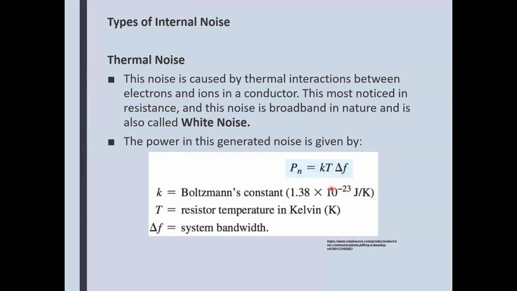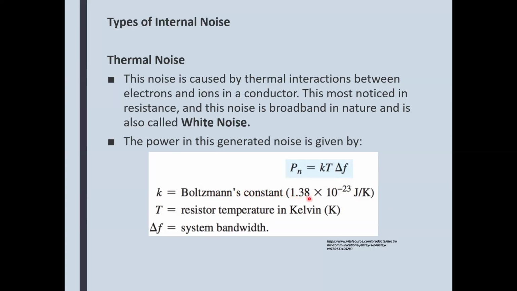K is the Boltzmann constant, and I'm not going to derive that. Boltzmann was a person who was playing with the effect of temperature on different materials, and he came up with a constant.